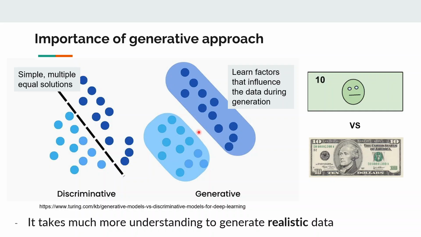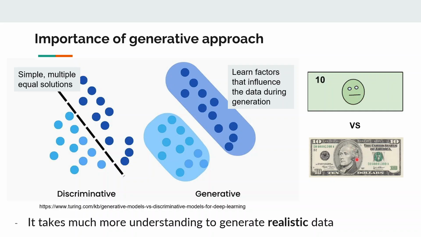But if we want the machine learning model to really understand the data, it must be able to know the boundary of the data distribution, the density of the data, what makes the data realistic. If I show you this image and ask you if it's a real banknote, you can tell at a glance that it's not.